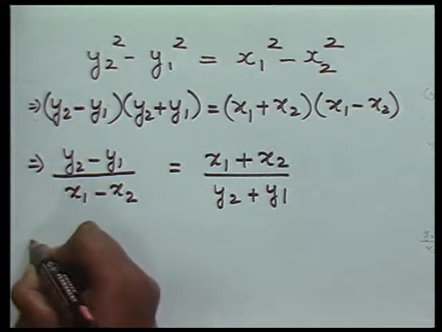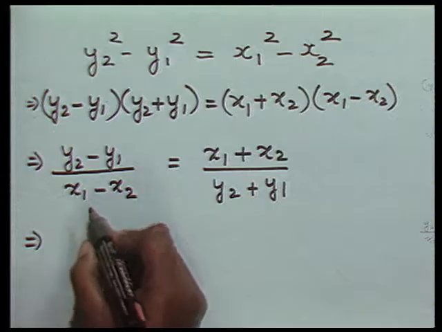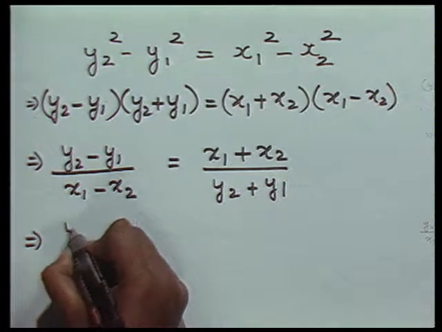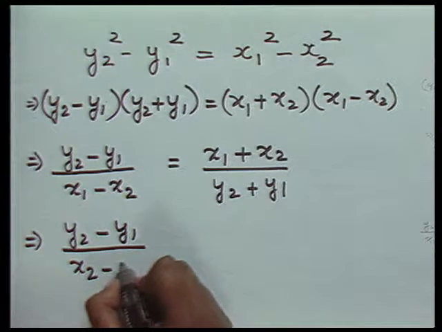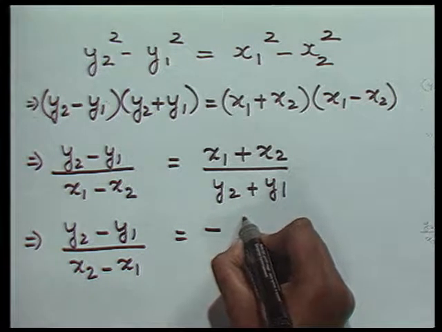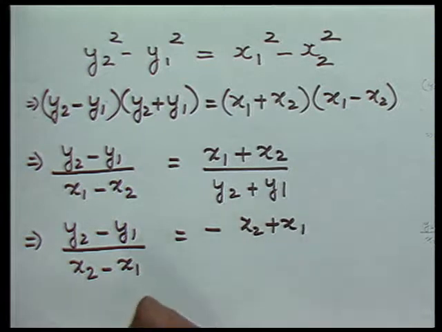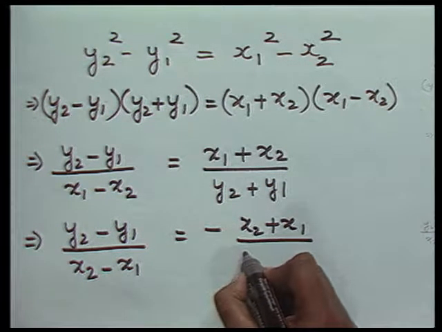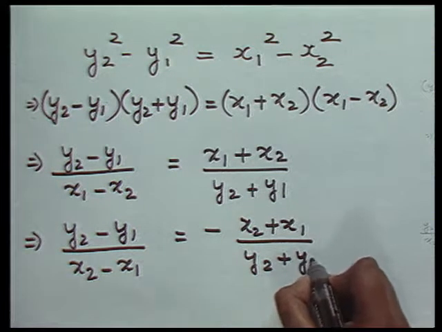Taking the negative sign common, we have (y2 minus y1) upon (x2 minus x1) is equal to minus of (x2 plus x1) upon (y2 plus y1).